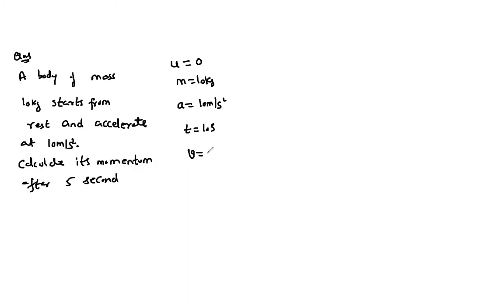So for momentum, you first calculate velocity using the relation v is u plus at. u is 0, a is 10, t is 5, so I put t equal to 5, and that's 50 meter per second.